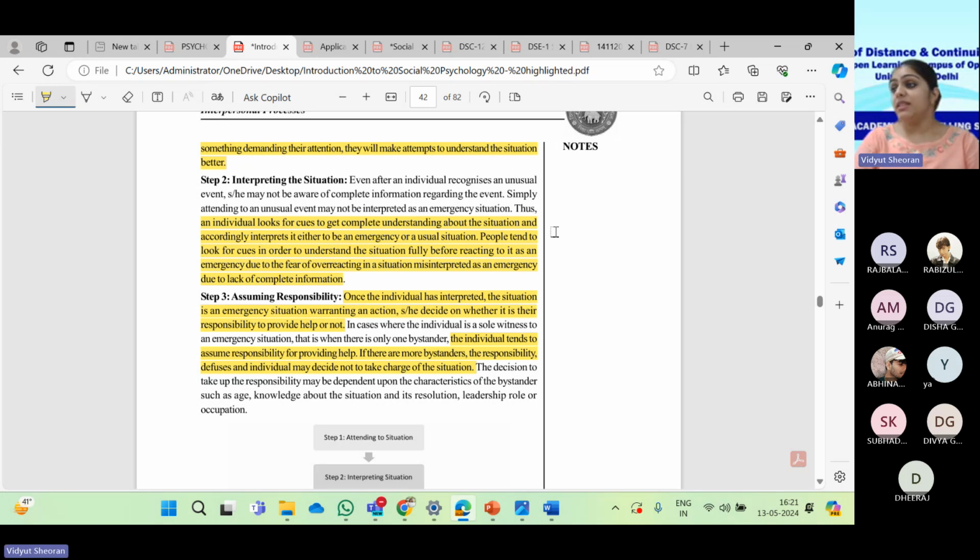That is, if 5-6 other people are standing with me, who among us will help? Will someone do it or not? Everyone just throws the responsibility on each other, which is called diffusion of responsibility. And the individual may decide not to take charge of the situation. Because one may feel that, okay, if there are more people to take charge of the situation, then why should I?